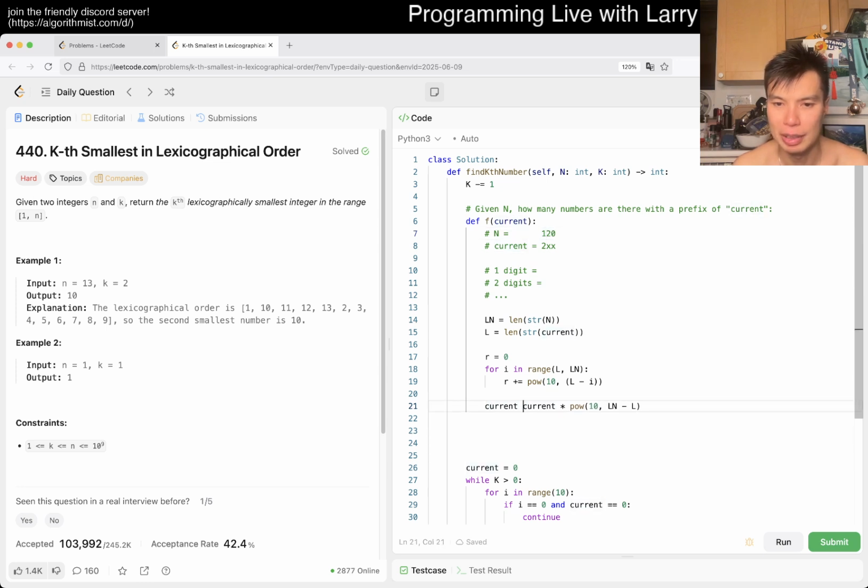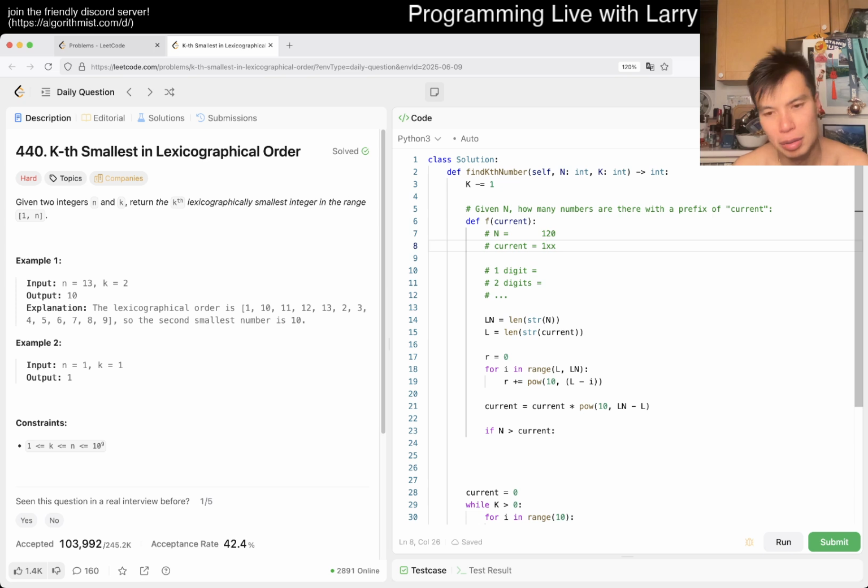So current is equal to this, say, and then if n is greater than current, so if it's something like this, or if something like this, what would this be?